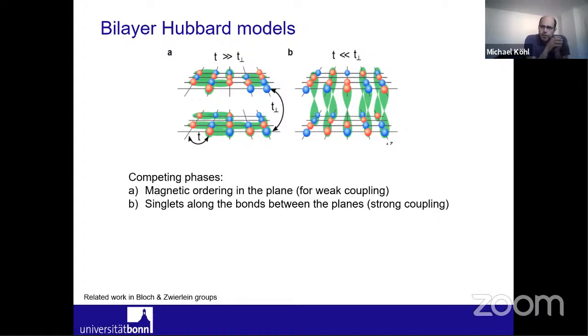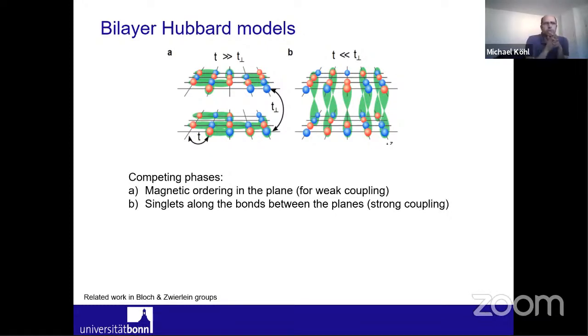If you think about the opposite situation, that the hopping between the planes is much, much stronger than the hopping within the planes, then the physics looks very different, because you would expect to observe singlets across these bonds between the planes. And the question then is, what are the transverse correlations of these singlets, if there are any?